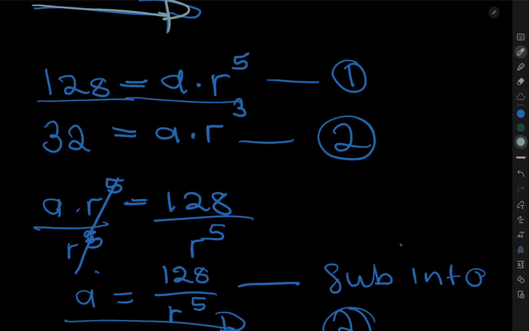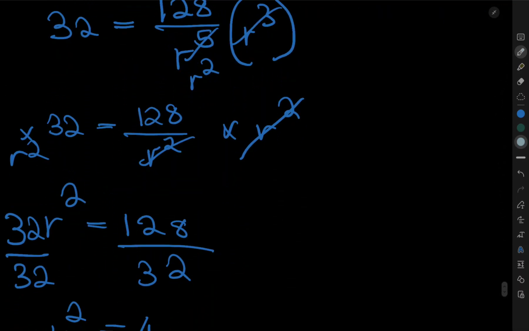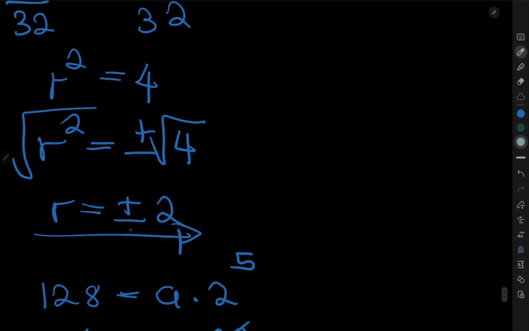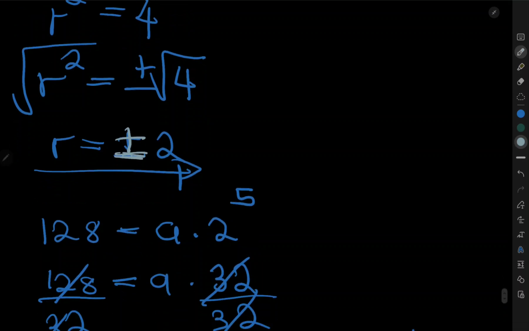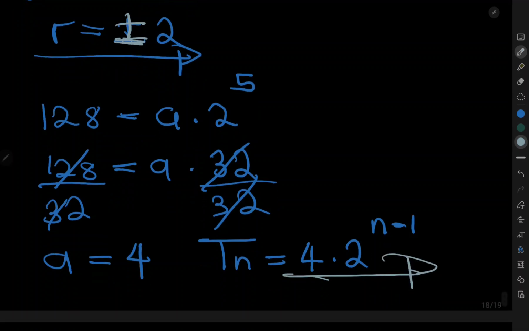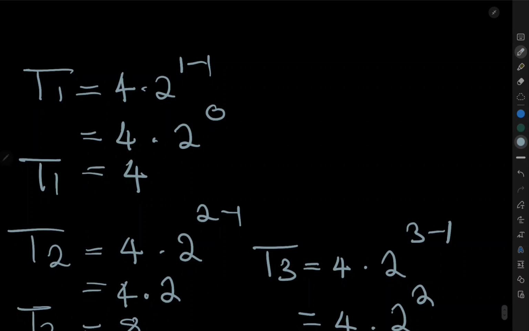You would have gotten to the same step, but we used substitution and we were able to find the value of r, which was 2, and we were able to find the value of a, which was 4, and from that we were able to deduce the value of the equation.